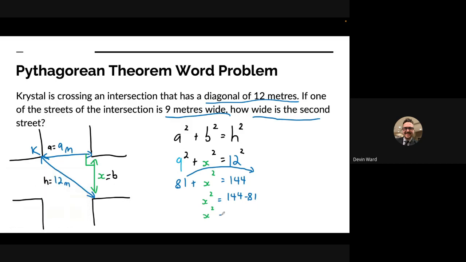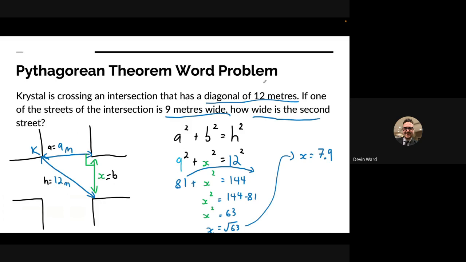So now I'll be left with x squared equals 63. I'll have to take the square root of each side to get rid of that square. So x equals the square root of 63. Therefore, x equals 7.9.